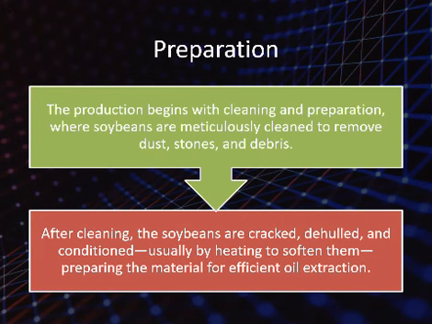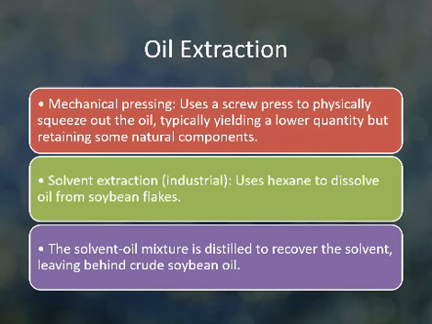Now onto its preparation. So the production process begins with the cleaning and preparation, where soya beans are meticulously cleaned to remove dust, stones and debris. After cleaning, the soya beans are cracked, dehulled and conditioned, usually by heating to soften them, preparing the material for efficient oil extraction.